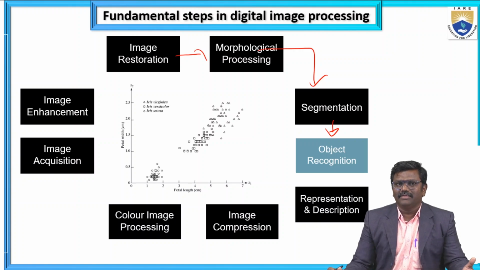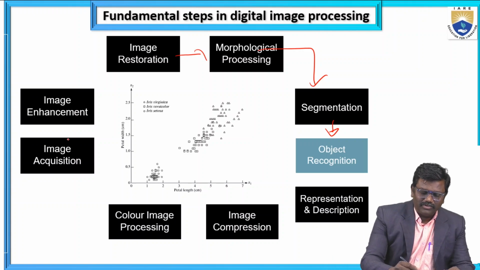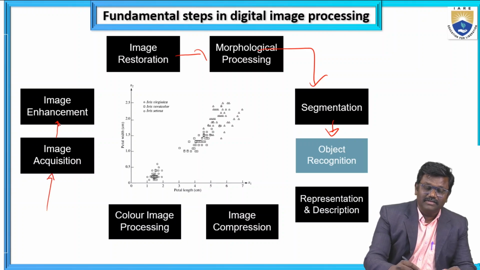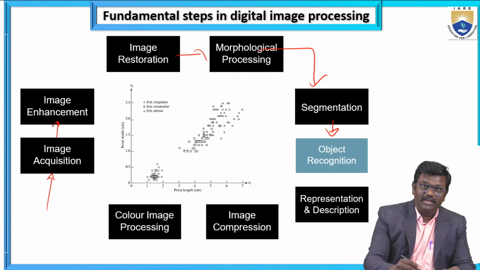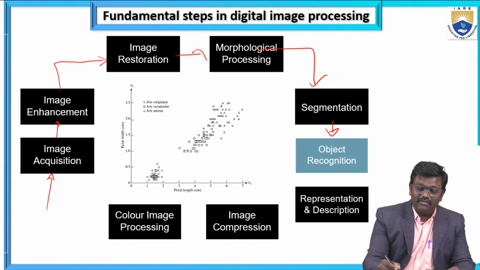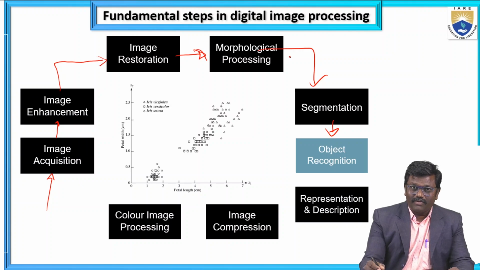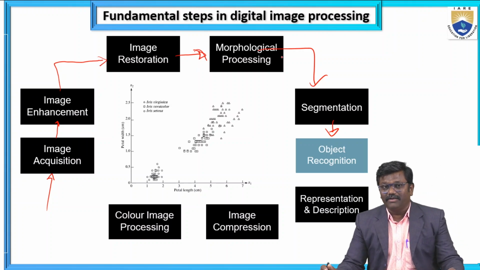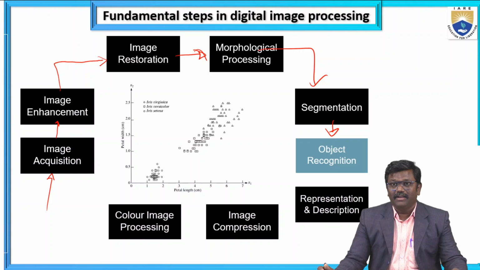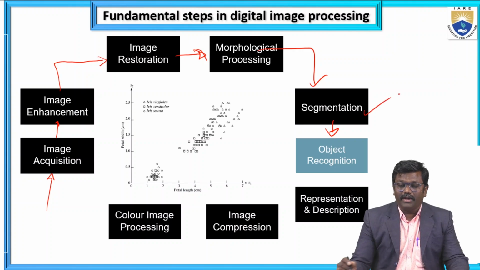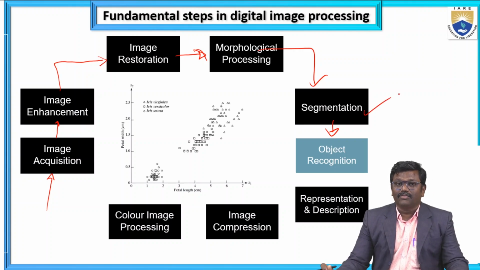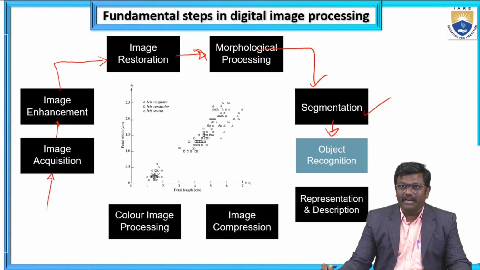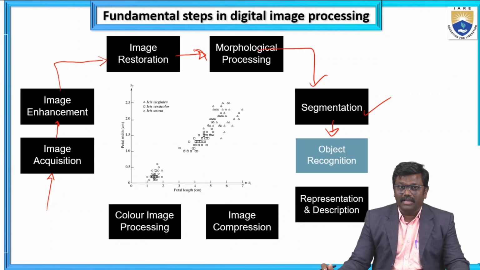How, in the sense of recognition? Let us see here. First of all, you acquire an image. That image we pre-process by using image enhancement, and then we restore it. Then we connect to the morphological step, nothing but the fit and hit process, which happens at morphological processing. Then you establish your subgroups of image processing, and then connect to object recognition.